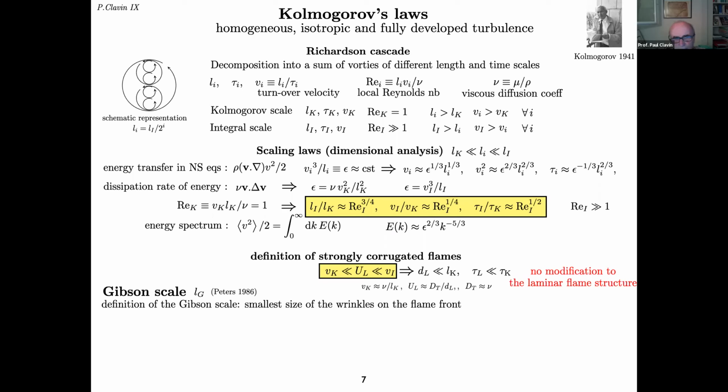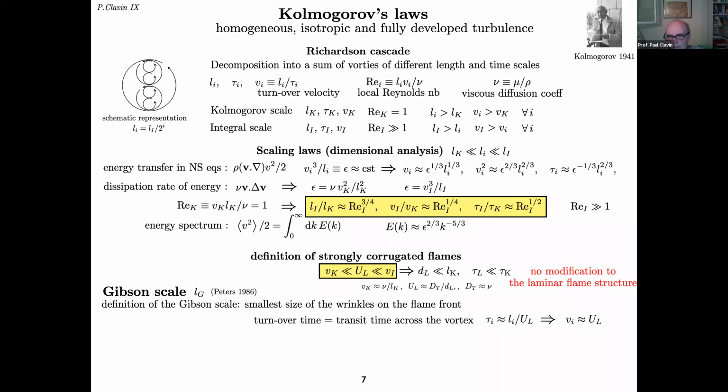It is defined when the turnover time of the vortex is equal to the transit time across the vortex, the time it takes for the flame to cross the vortex, when the velocity of the flame is close to the velocity of the flow at the considered scale.